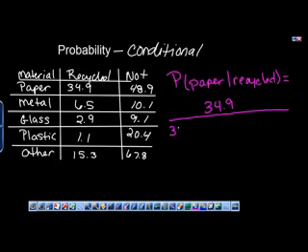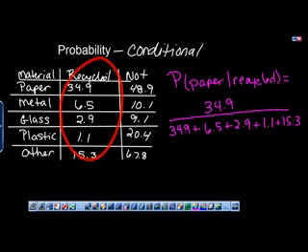That means we need to add up all of the recycled numbers. 34.9, 6.5, 2.9, 1.1, and 15.3. All of these numbers came from my recycled column. I don't need to worry about the not recycled because my probability is conditional. It's conditional on whether or not it was recycled.